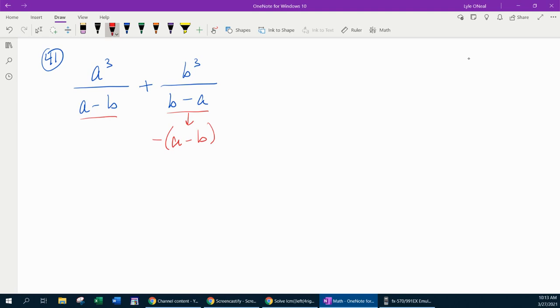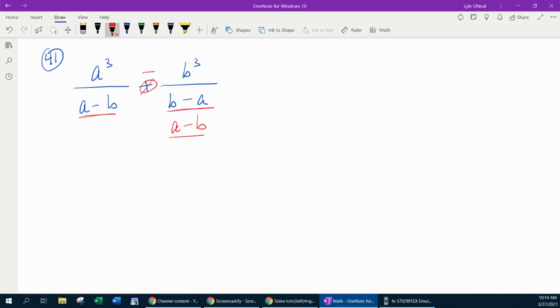Now, if we factor out a negative here, these signs, a plus and a minus, are going to make a minus overall. So there is a built-in shortcut here that I would like to demonstrate. If your denominators are identical but opposite, what you can do is simply switch this one around and change this sign.